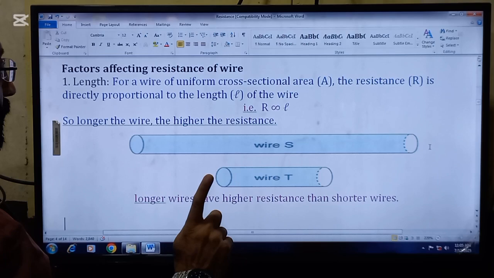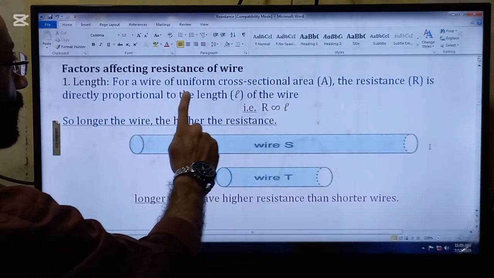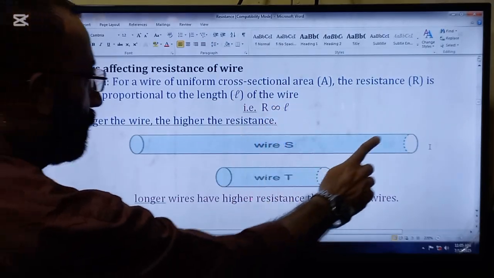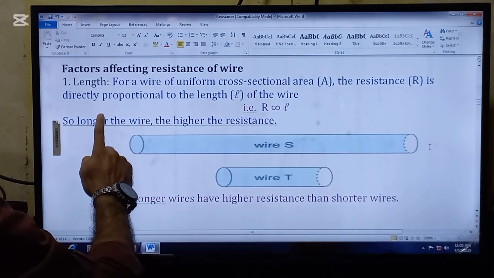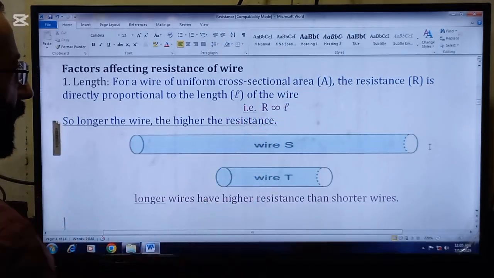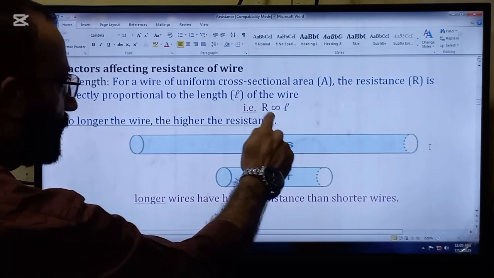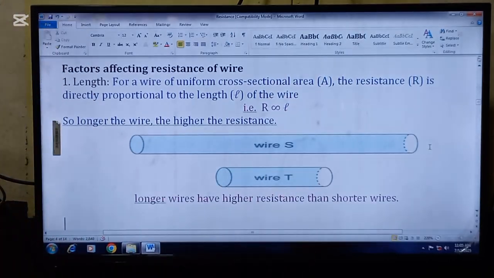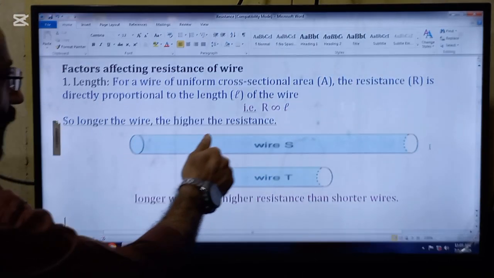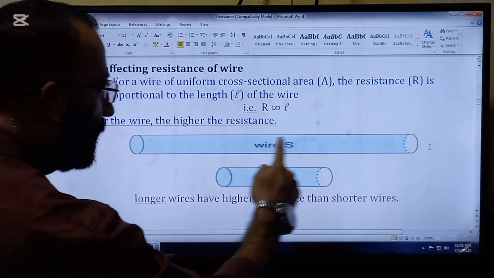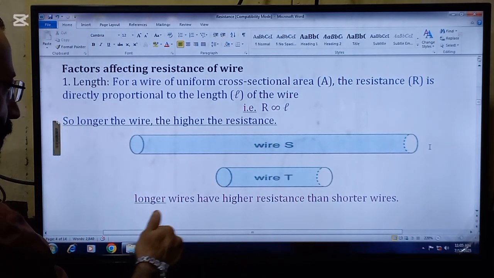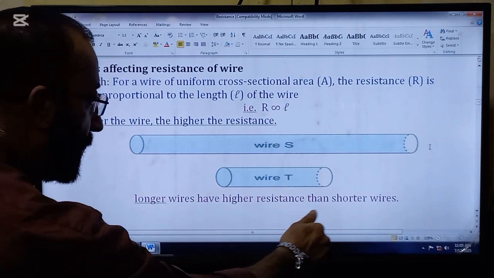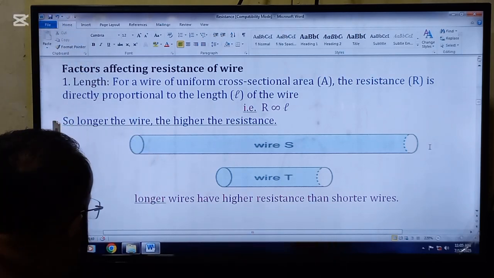So it is a condition that the cross-sectional area should be uniform for both wires. Then the resistance of the wire will be proportional to the length of the wire. That is, R is directly proportional to L. So the longer the wire, the higher the resistance. So this wire will have larger resistance as compared to this wire. So longer wires have higher resistance than shorter wires.